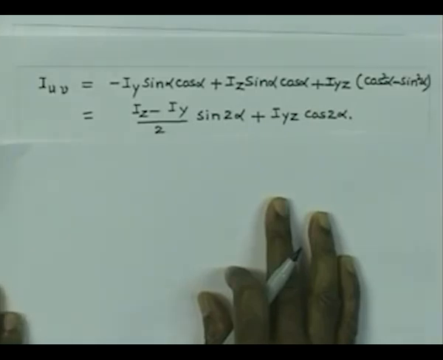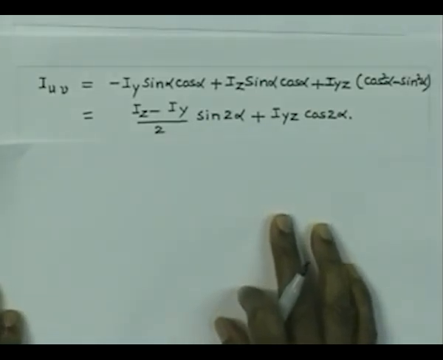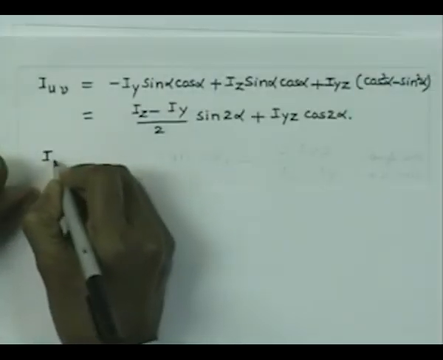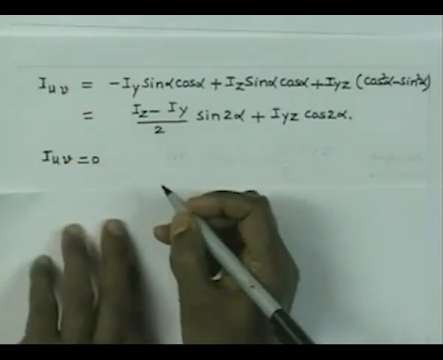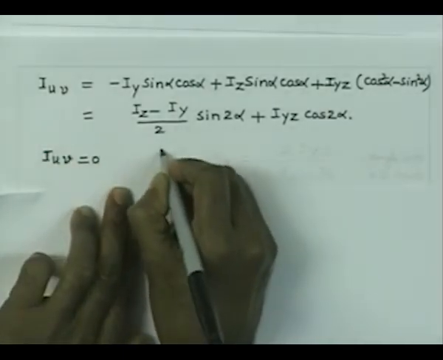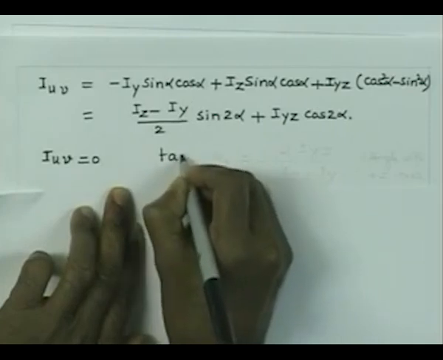Now, what are we looking for? We are trying to find two axes u and v such that the product moment of inertia will be 0. So we can write the condition Iuv equal to 0. That gives us directly the direction, let us say alpha 1.